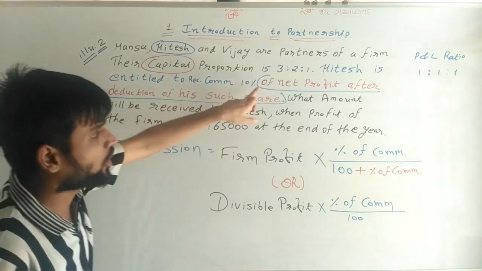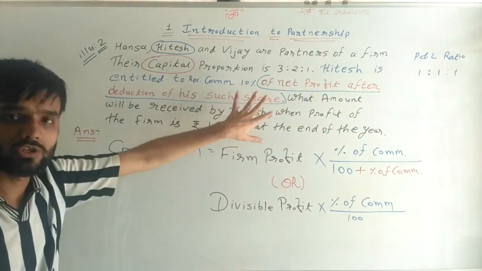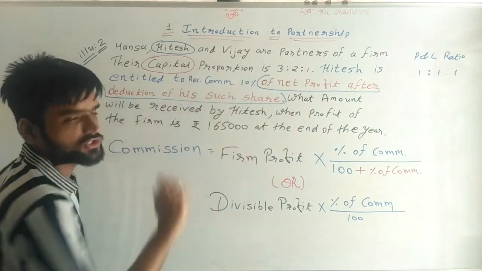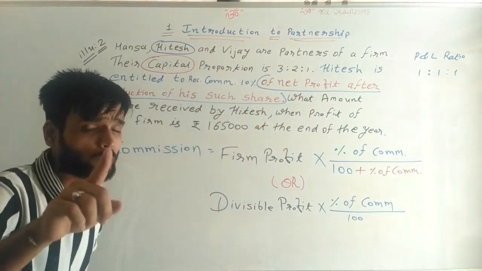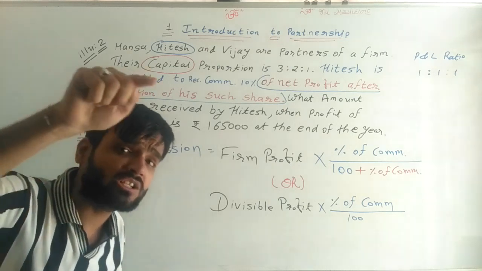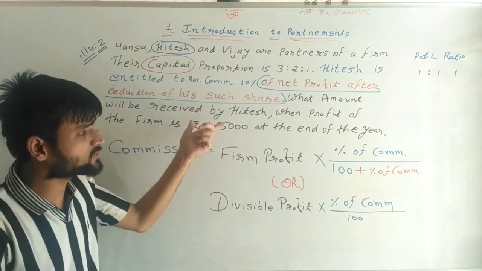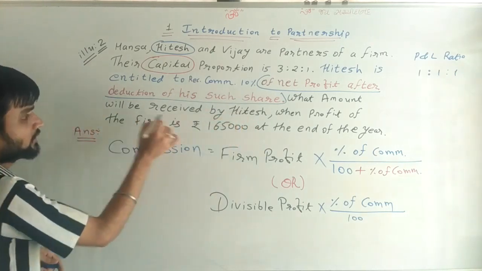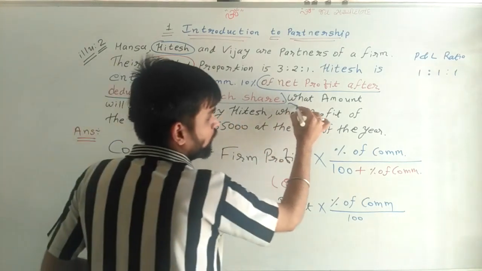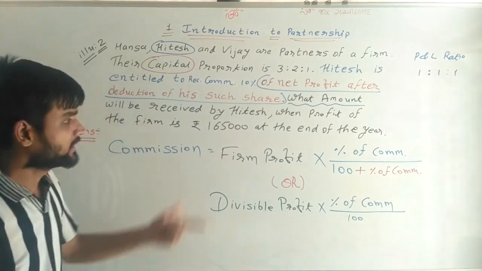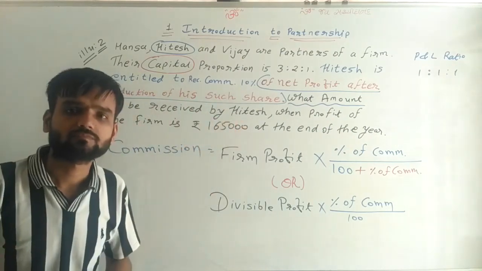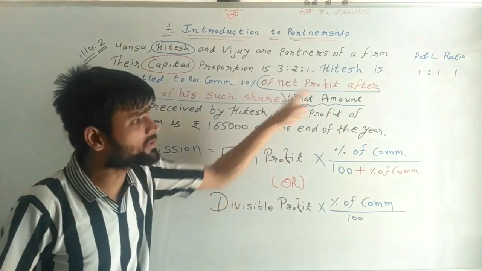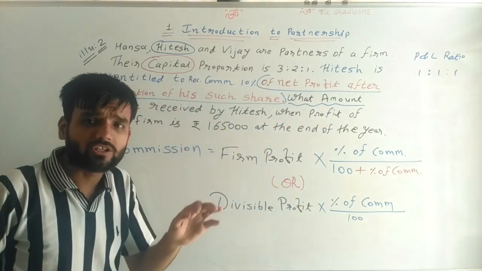Now, of net profit after deduction of such share, what amount will be received by Hitesh? Here the question is not what commission is received by Hitesh. The question is what amount is received by Hitesh. Why is amount written here?